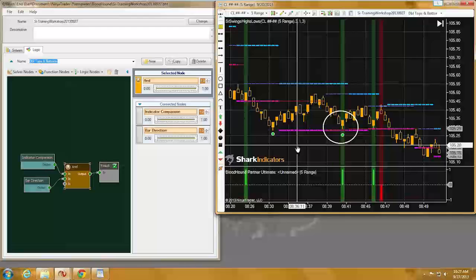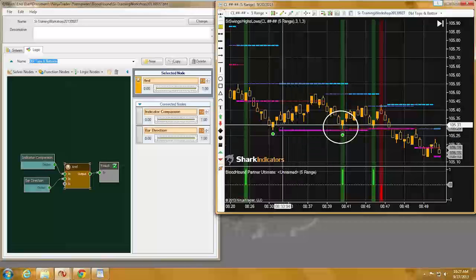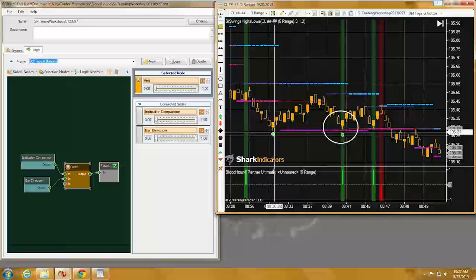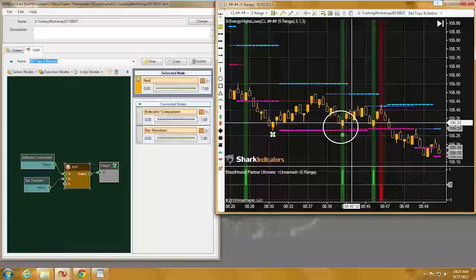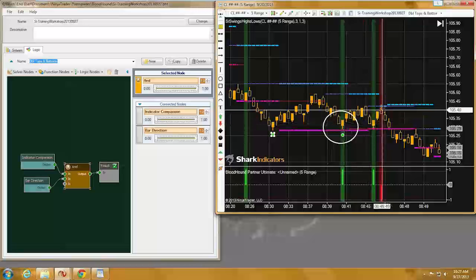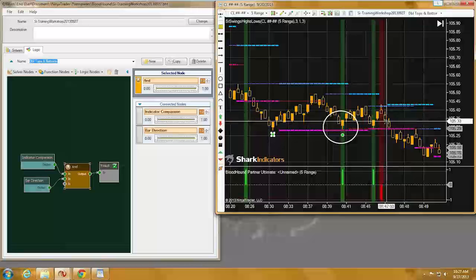So maybe I could add some filters to look for, I guess, a bigger swing from the initial pivot point. So this dot is kind of marking the initial low point, pivot point. I could eliminate some of these smaller swings in here, which are giving a lot of signals.